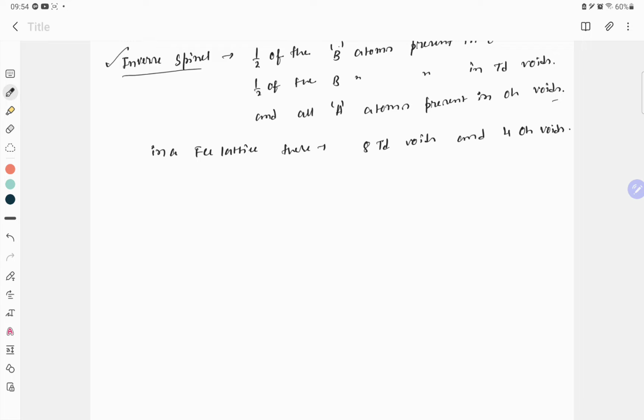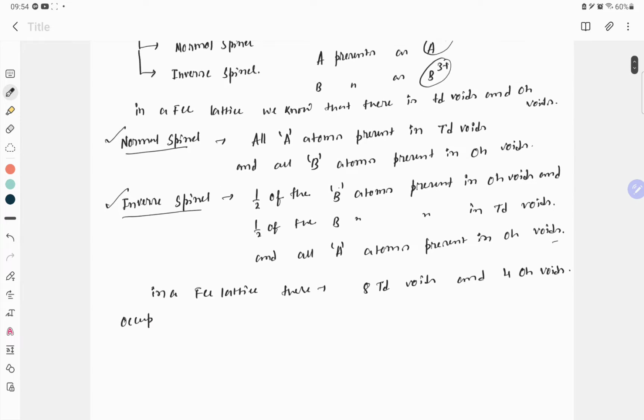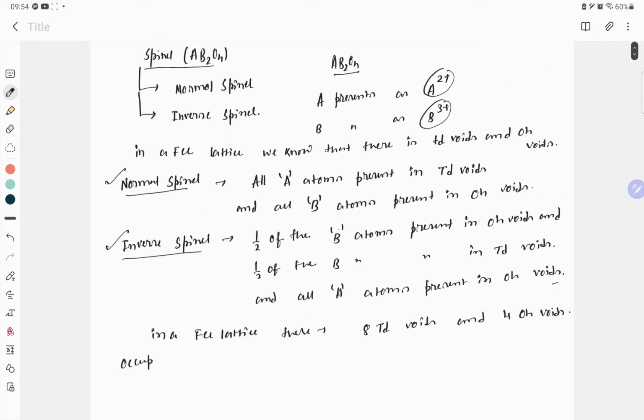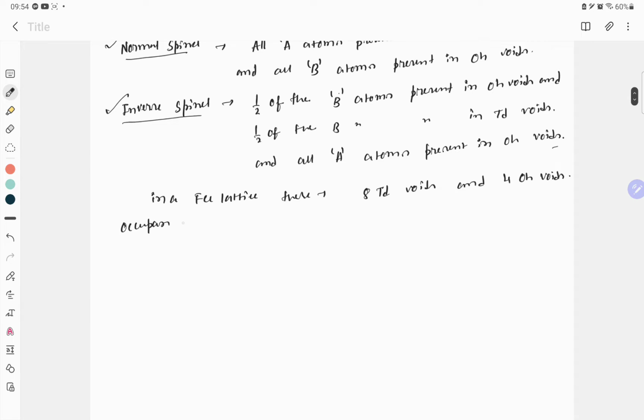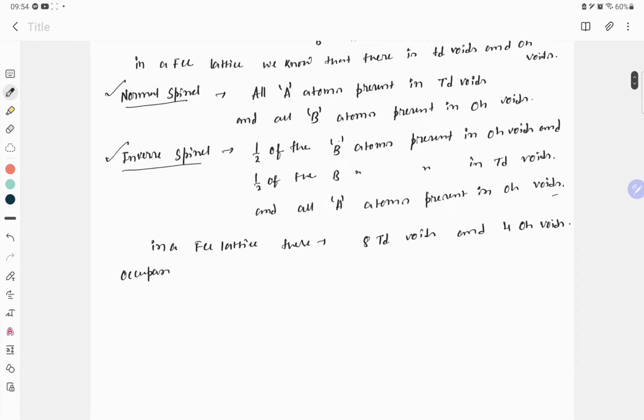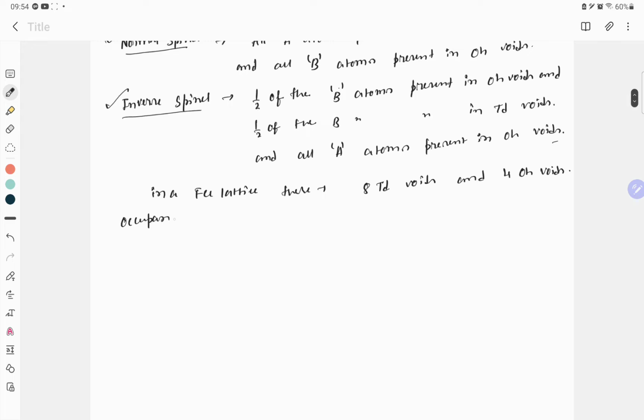Occupancy means after filling up, how much space is occupied by the atoms A and B. Occupancy is 1/8 of tetrahedral voids and half of the octahedral voids.